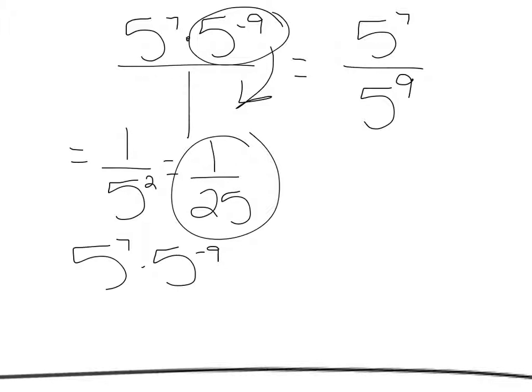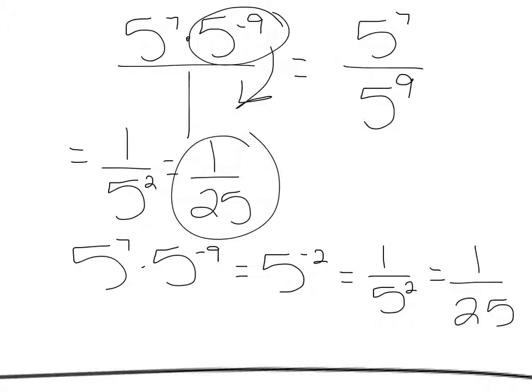So if I add my exponents, 7 plus negative 9 gives me negative 2. So now I have 5 to the negative 2nd. And if I want to make that negative 2 a positive 2, I'm going to flip it over my fraction bar. And you still get 1 over 25. And like I said, you choose what way you think is easier. They both will work.